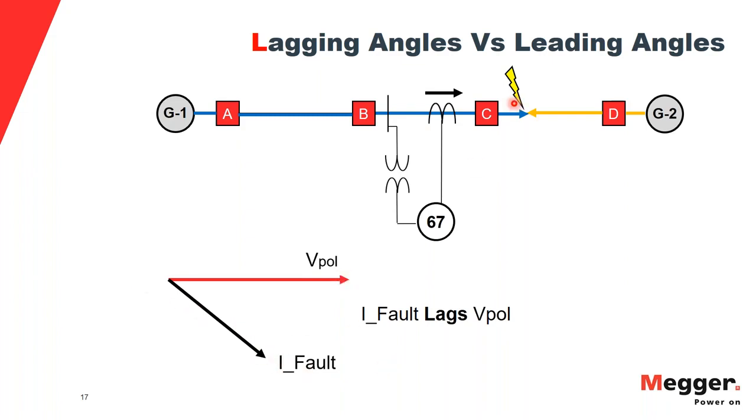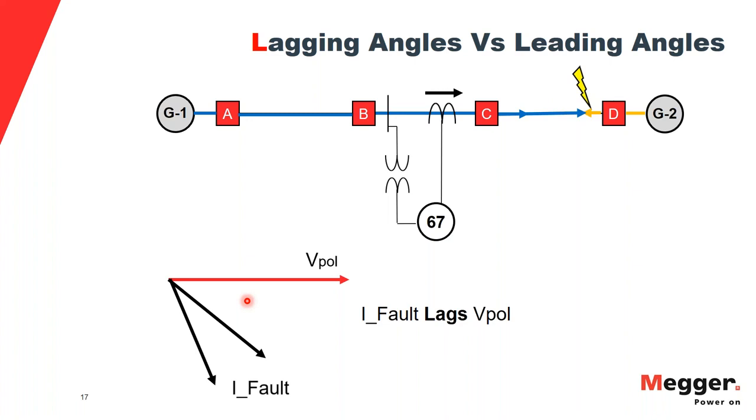Okay, so I have a fault current here, and I have the phasors plotted here. It has also been observed that if the fault goes away from the generating station, there is more lag between the voltage and your fault current.